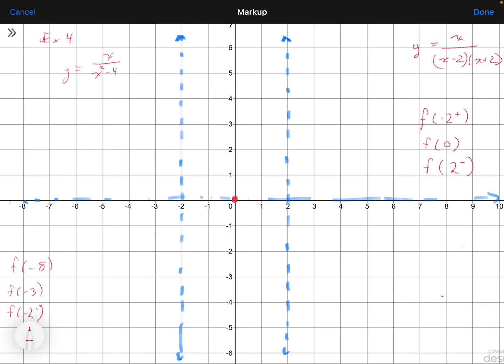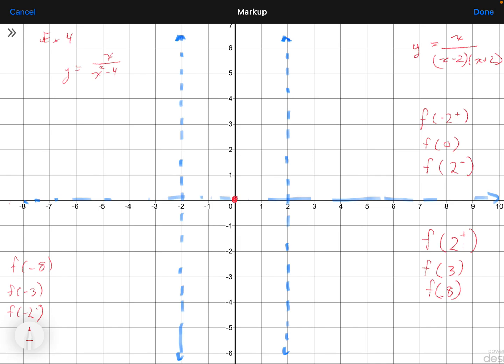Pretty complicated, right? And then on this right-hand side, I'm going to get the f of 2 on the positive side, the f of 3, and the f of, I don't know, something maybe that looks like 8.